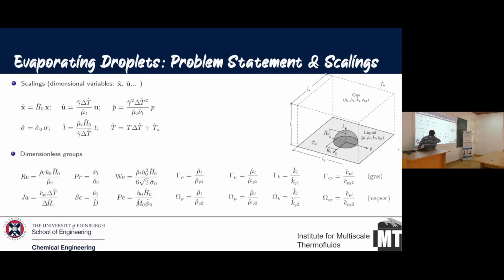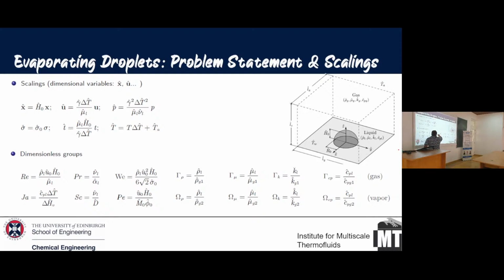If you go through the entire thing, you will get a Reynolds number. You will get a Jacob number, which is the ratio between sensible heat and latent heat. In the gas phase, you've got diffusion occurring. Because it's a pure liquid, we assume that diffusion within the liquid phase need not be considered; it's only diffusion within the gas phase. This way, the Schmidt number comes into the picture.